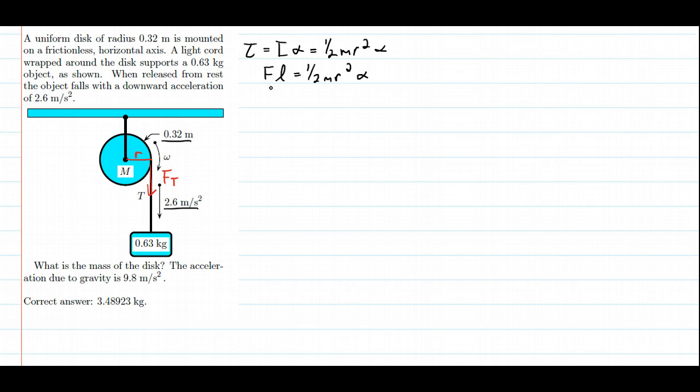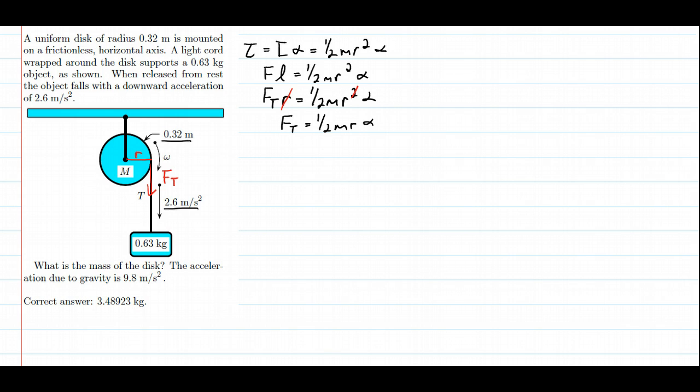But to be more specific, our force is our tension force, and our L, our lever, is actually the radius. So I'll make those substitutions, and I'll simplify our equation a little bit. Our radius will cancel out, and it'll just give us Ft equals 1/2 mr alpha.